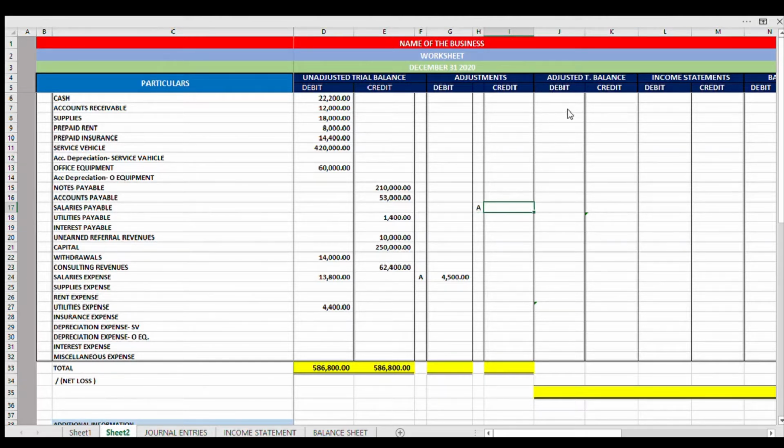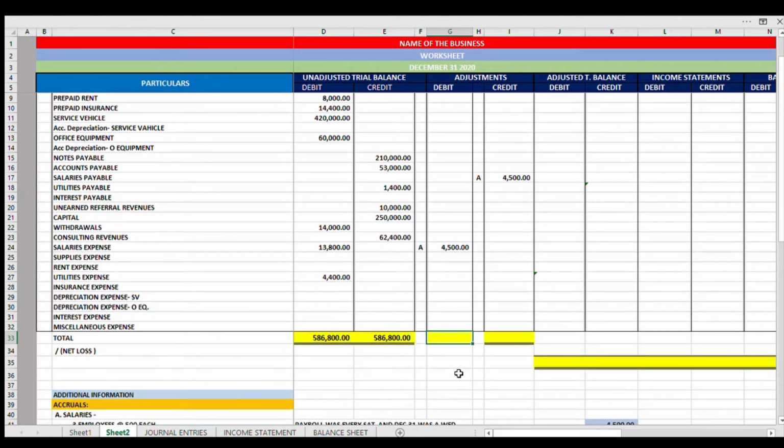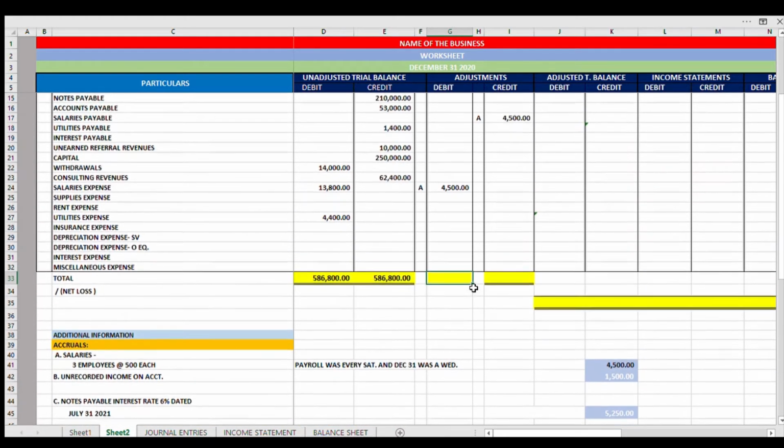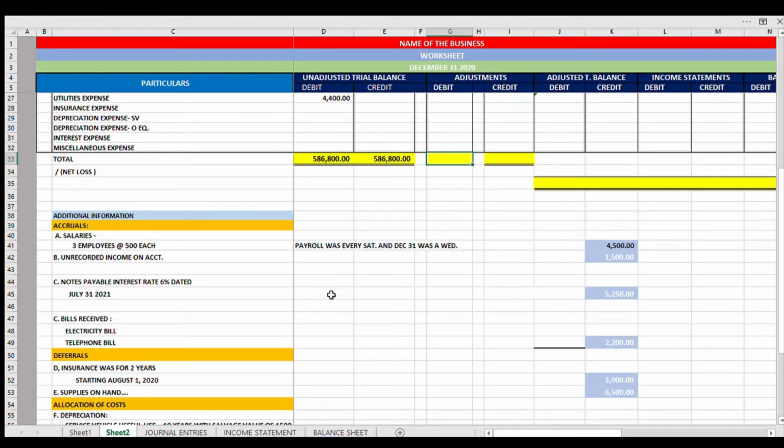So we will recognize the payable. Okay, but we are not yet through with this because there are a lot more adjustments to be considered. Okay, so we're finished with the first information given. Okay, so let's go on with the next one.